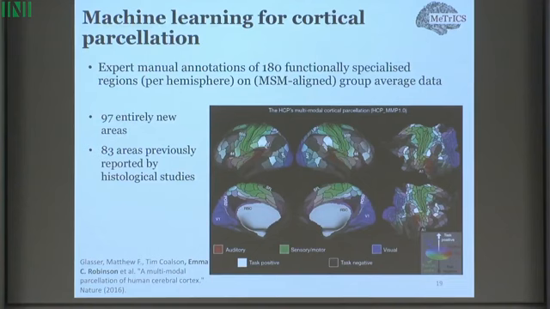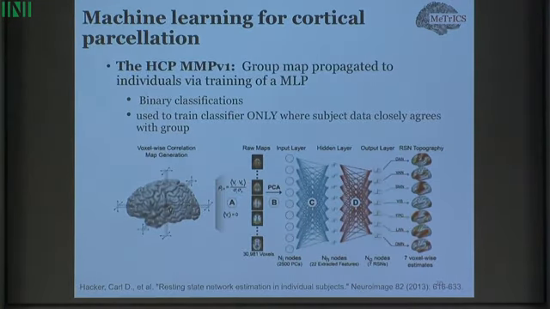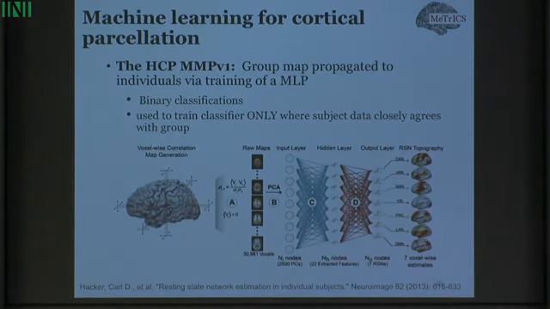So what we instead did was train a classifier. Here they used a method by Carl Hacker, and this is an MLP, so it's a neural network, but not a convolutional one. It doesn't take into account any spatial context. It classifies each point independently, and they trained 360 binary classifiers, so that's 180 regions per hemisphere.